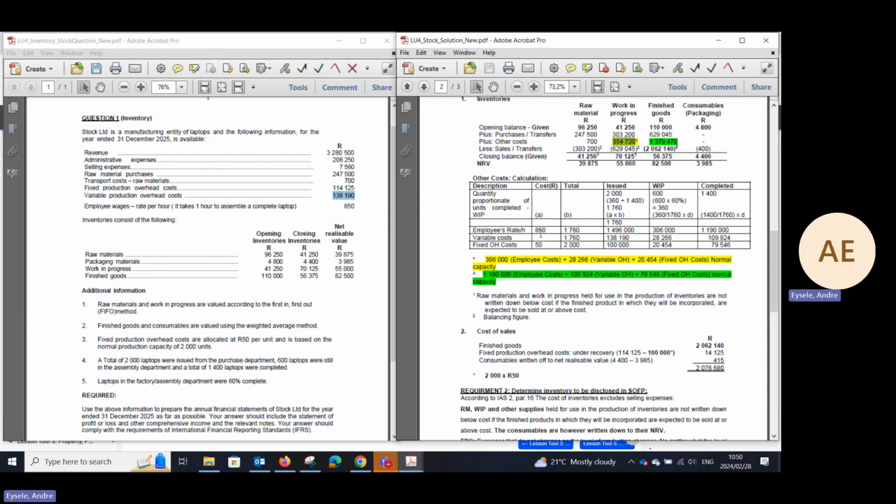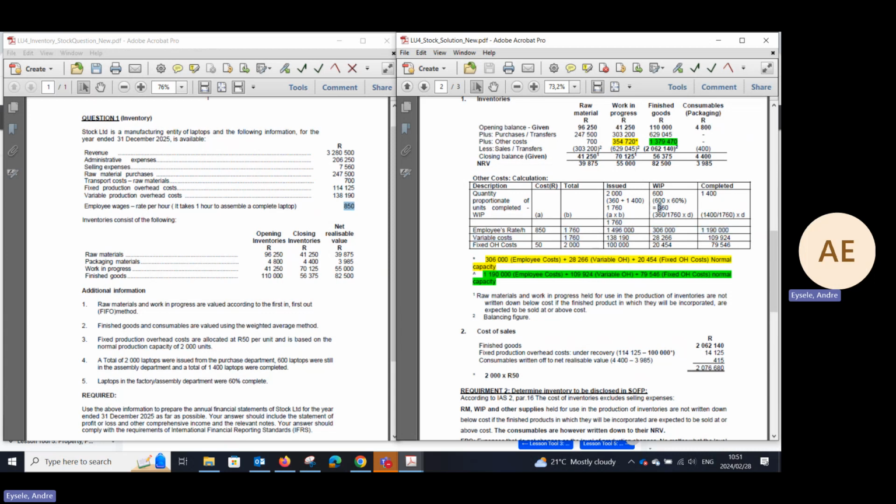Well, it consists of employees' wages of 850 Rand. Remember, they told us that the employee wage is 850 Rand, and it takes an hour to complete a laptop. Well, 850 times 1,760, that is the laptops completed in this instance, because only 60% of the 600 are complete.